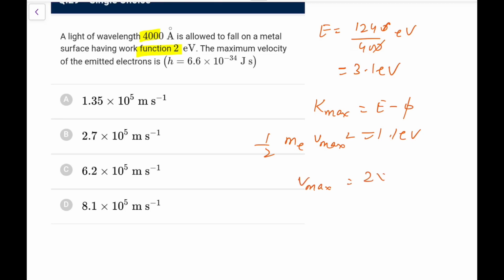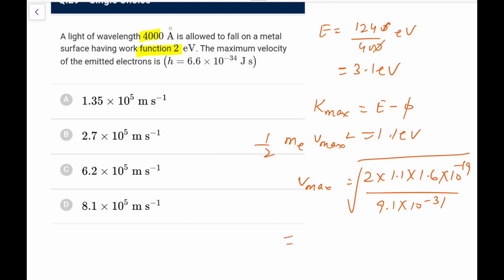So V max comes as under root 2 into 1.1 into 1.6 into 10 raised to power minus 19 upon 9.1 into 10 raised to power minus 31, so it comes out as 1.76 upon 9.1 into 10 to the power 12.